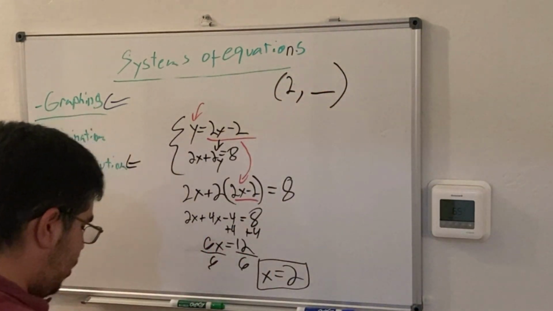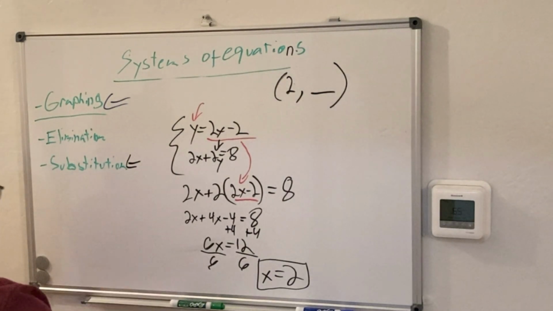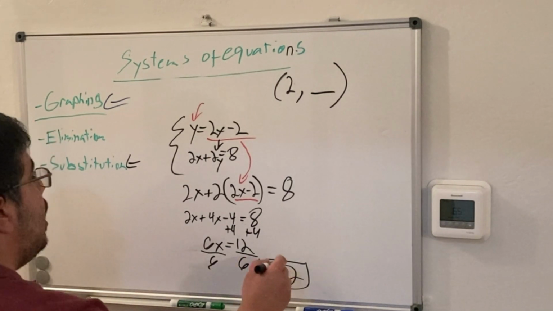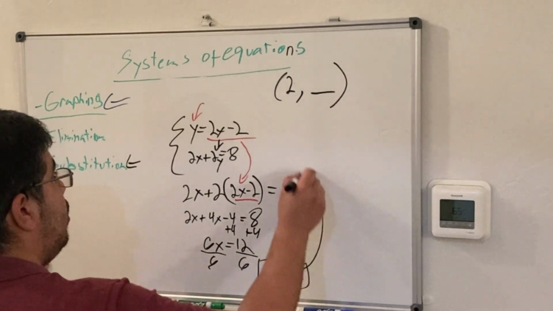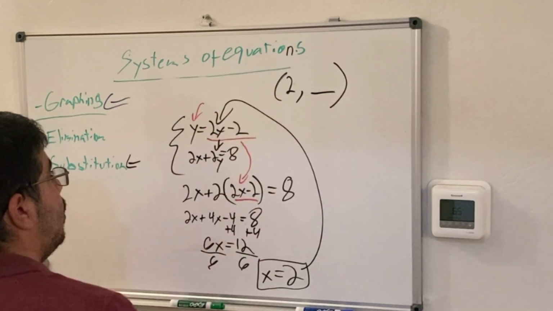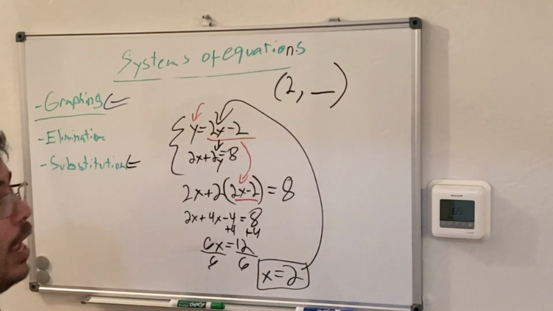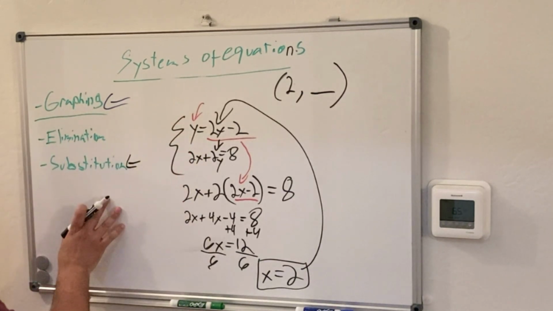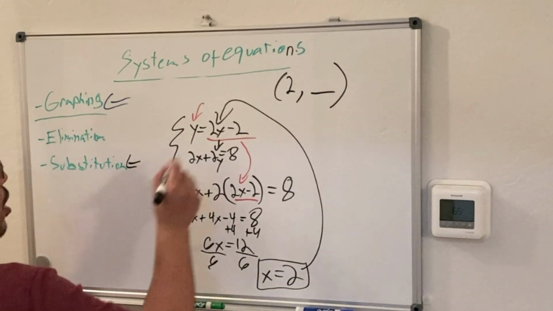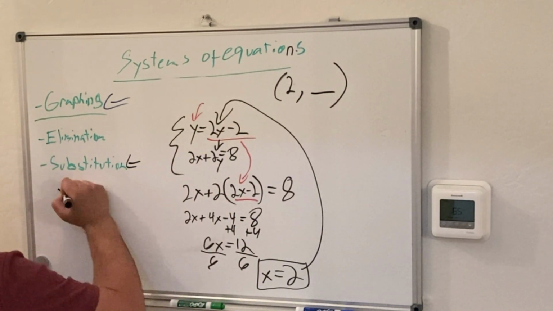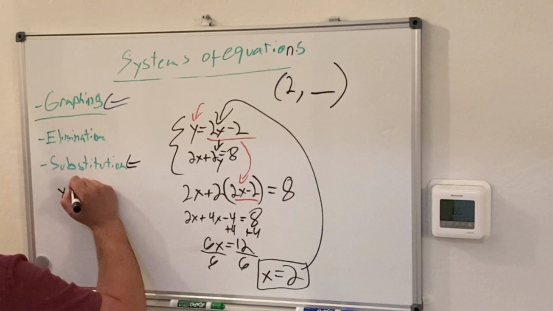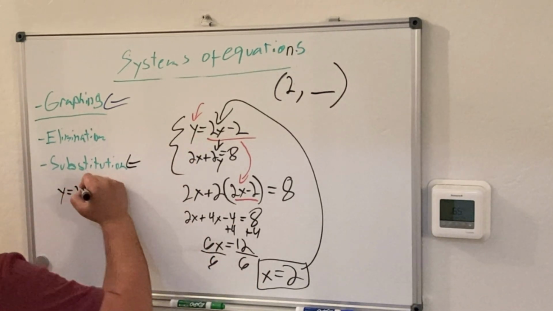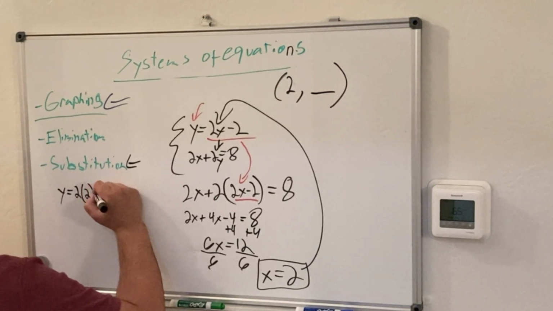To find that y variable, what we need to do is plug this 2 into another equation. In this case, let's plug it in over here for x. So now I'll do this work over here. y equals 2 times, instead of x, we're going to plug in 2, minus 2.